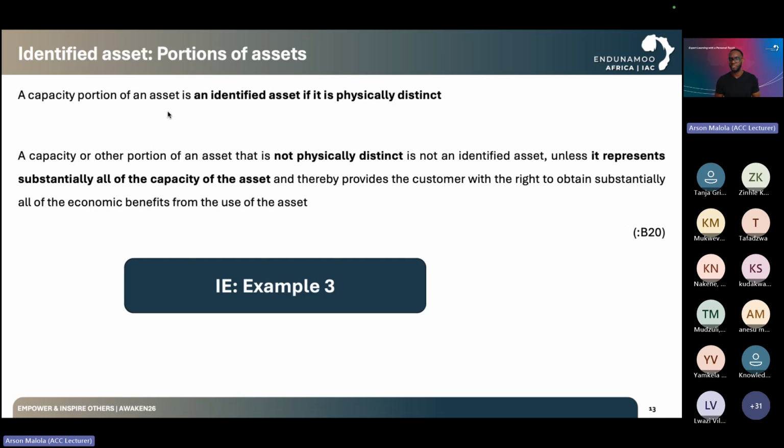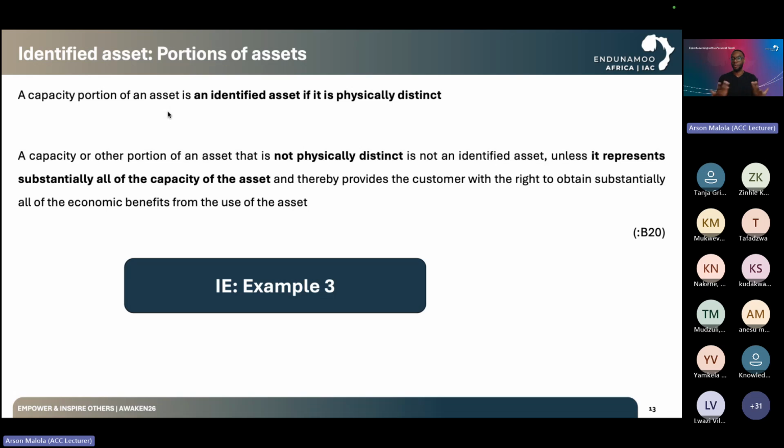So the typical example that's used is, think of a mall, right? You can have a floor space in a mall. And then while you're walking in the aisles, you can have that little cart in the middle, where they sell perfumes, or they try to give you massages or whatever they do there in the middle of the mall, right? The question therefore arises: when we assess the definition of a lease, do we assess that specific area that the cart is occupying, or are we unable to identify a specific space?